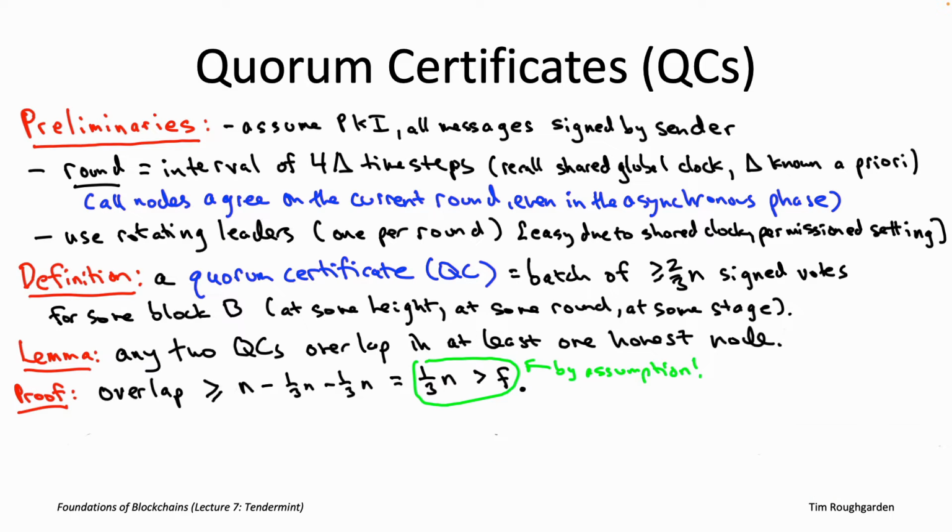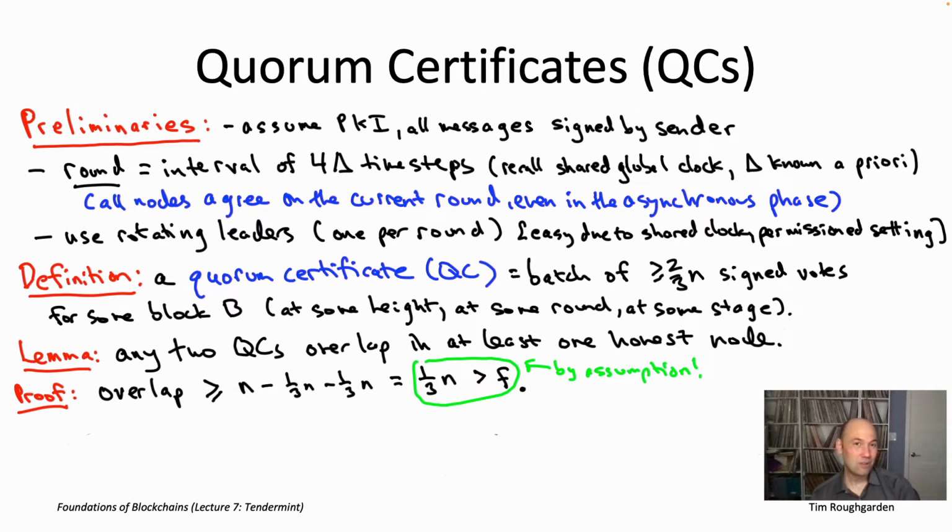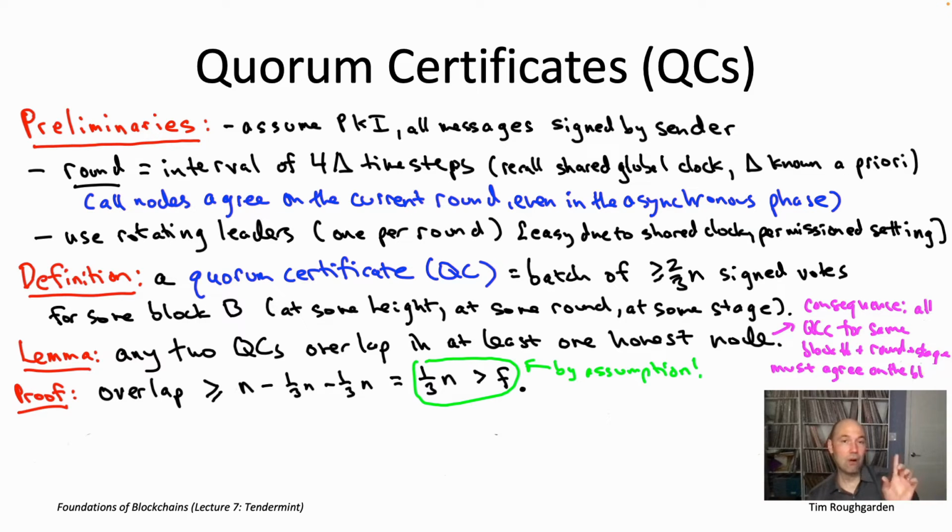One easy consequence of this overlap lemma, which starts showcasing why n/3 might be a crucial threshold, is that if you have two QCs that match in the first three parameters, meaning two different QCs about the same block number, the same round, and the same stage, then those two QCs must also match in the fourth parameter, the block that the votes are for.